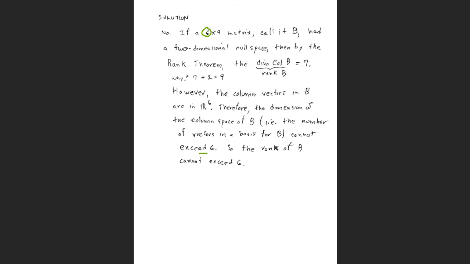If you had a basis that spanned all of 6-dimensional space, you would have 6 vectors. But if you had 7 vectors, you wouldn't have a basis, because that's too many vectors. Hence, you'd have linear dependence. So 6 vectors is the most you can do, and the rank of B cannot exceed 6. You can't have the dimension of the column space of B equal 7.